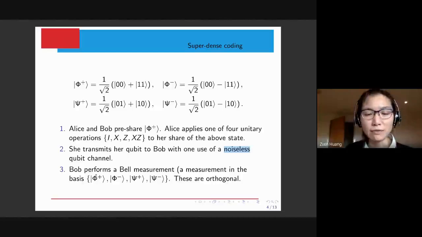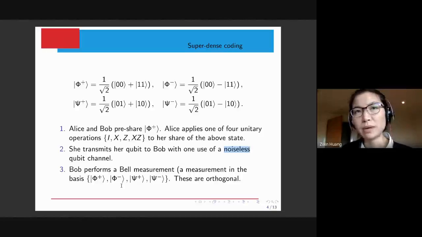So upon receiving Alice's qubit, Bob now is in possession of one of these 4 states. Since they are orthogonal, Bob can project them onto the Bell basis again. So we've talked about measuring things in the plus basis or the computational basis, so the X or the Z, but this is also equally allowed.